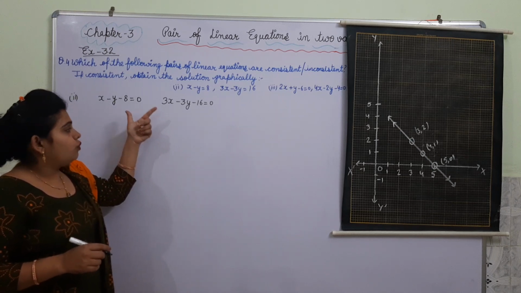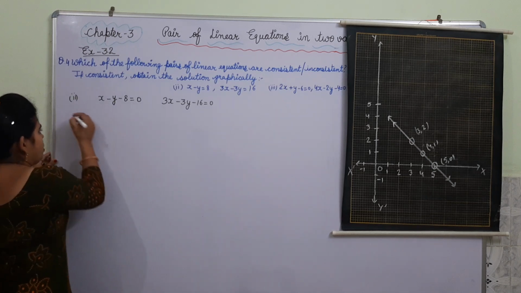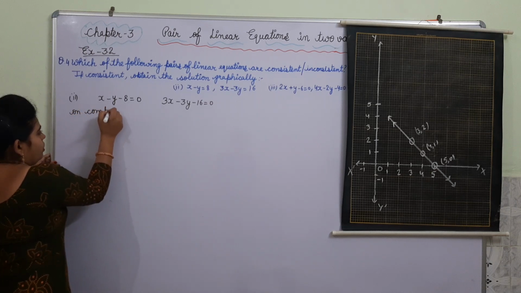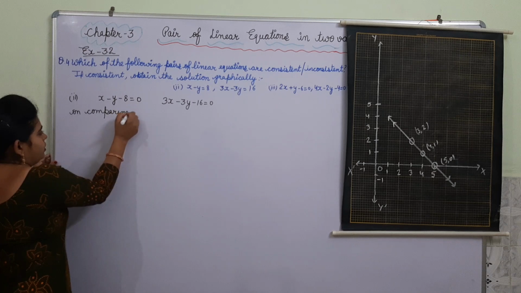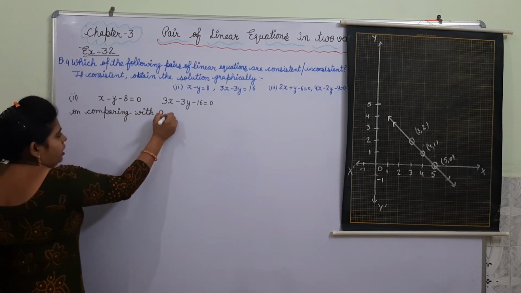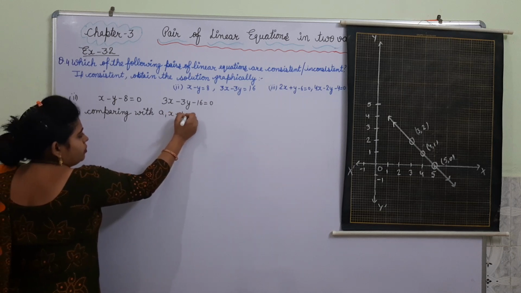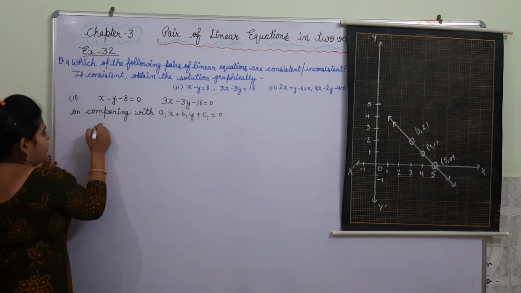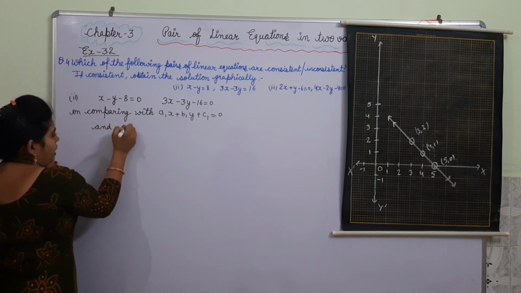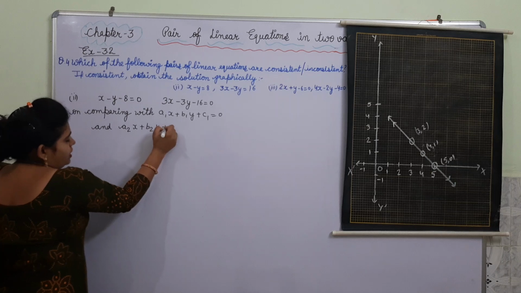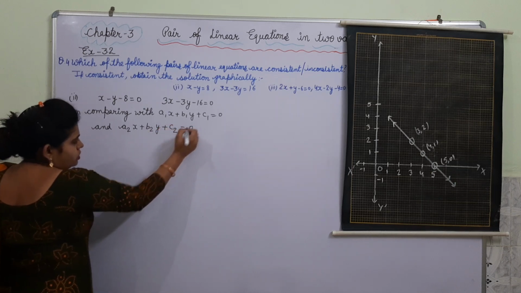Now what will we do? We will compare these equations with a1x plus b1y plus c1 is equal to 0 and a2x plus b2y plus c2 is equal to 0.